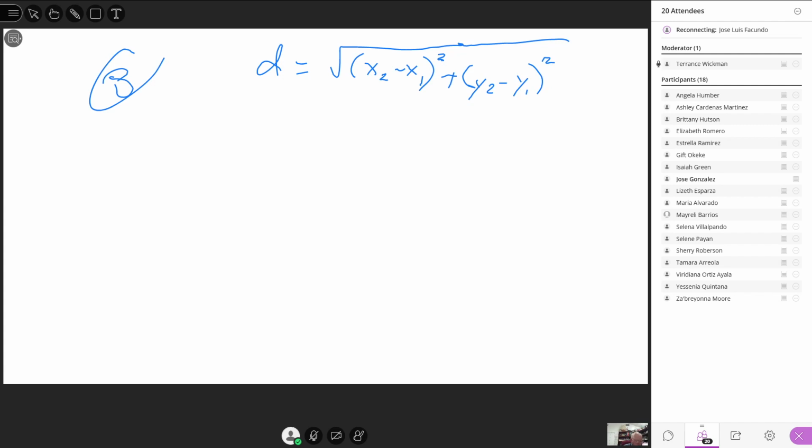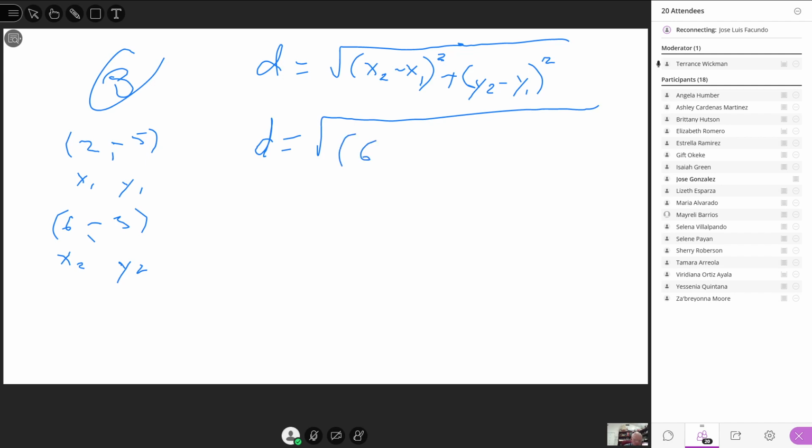So we're given 2 points. One is 2, negative 5. We should label them x sub 1, y sub 1. The other point is 6, negative 3. We're going to label this x sub 2 and y sub 2. Now, using the formula, we're going to plug in. That's all we're going to do.